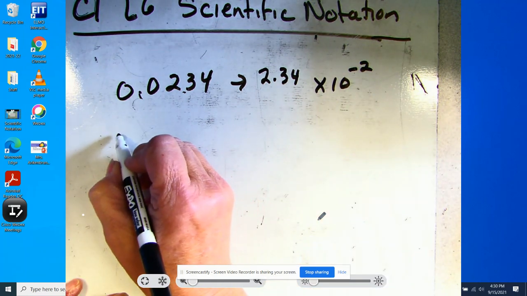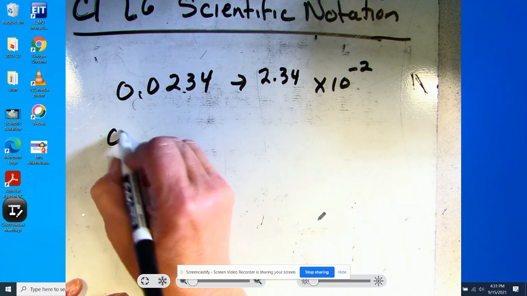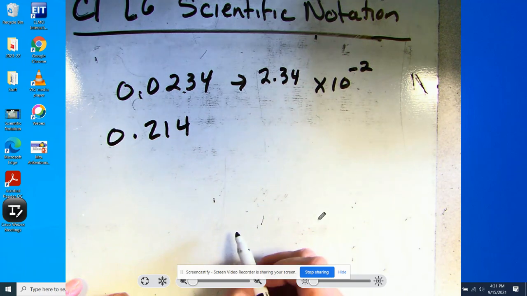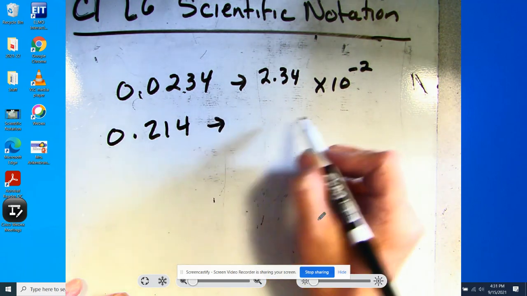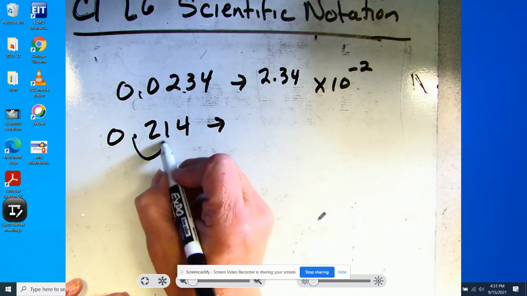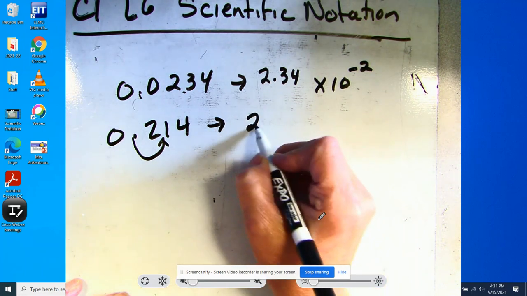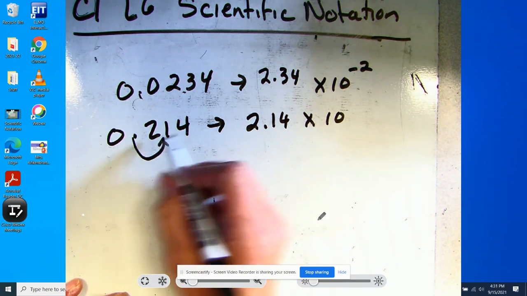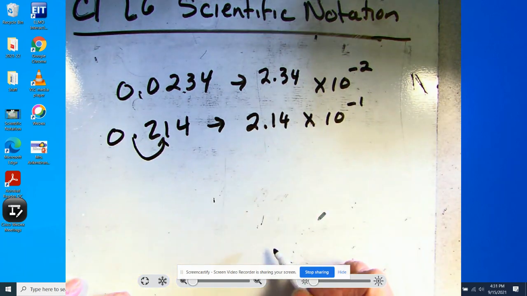Let's try another one. What if you had 0.214? Okay. We're going to move the decimal to between the first two places. We get 2.14 times 10. We moved it one place. That would be negative 1.